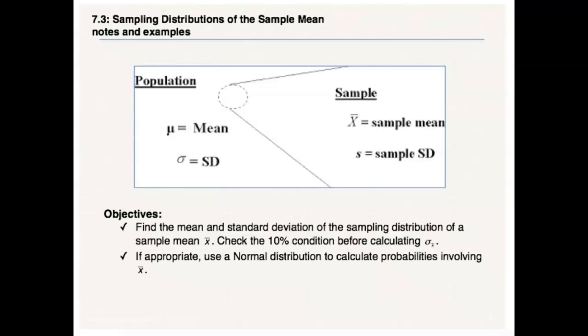to talk about today. All right, so when we talk about populations, remember the notation for the mean is mu, and for the standard deviation is sigma. And then when we talk about samples, sample mean is x bar, sample standard deviation is going to be s.